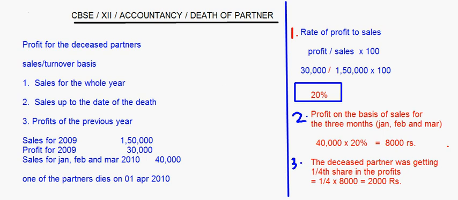Now I'll take up one more question. X, Y and Z are sharing profits in the ratio of 3:2:1.